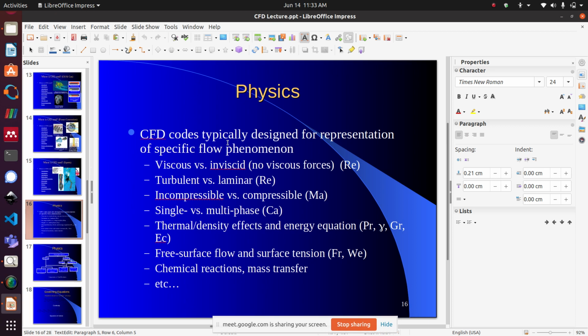So things can get very complicated. You can have so many phases and so many physics within one problem. Thermal density effects, if you have temperature that changes many properties, you already know that. Free surface flow, surface tension, chemical reactions, mass transfers, etc.